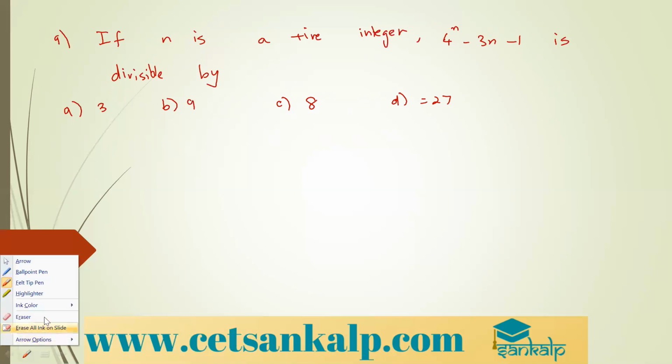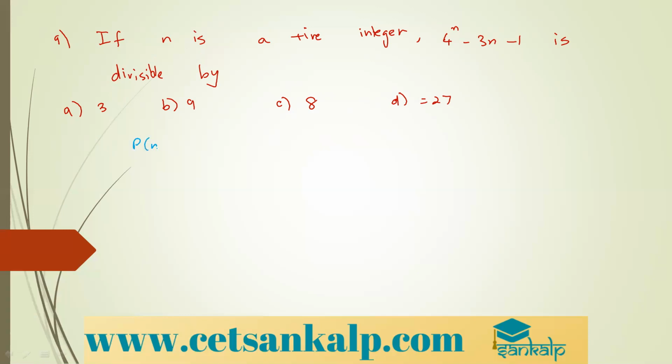So to find this out, we will take the statement P of n as 4 power n minus 3n minus 1. For n equal to 1, the statement becomes 4 minus 3 minus 1, which is 0, and 0 is divisible by all numbers.